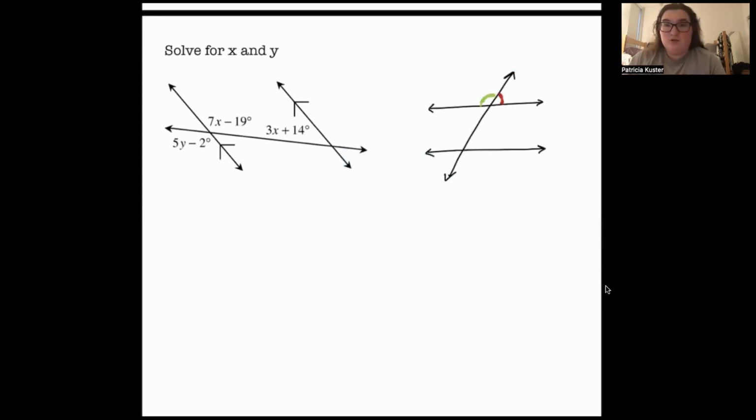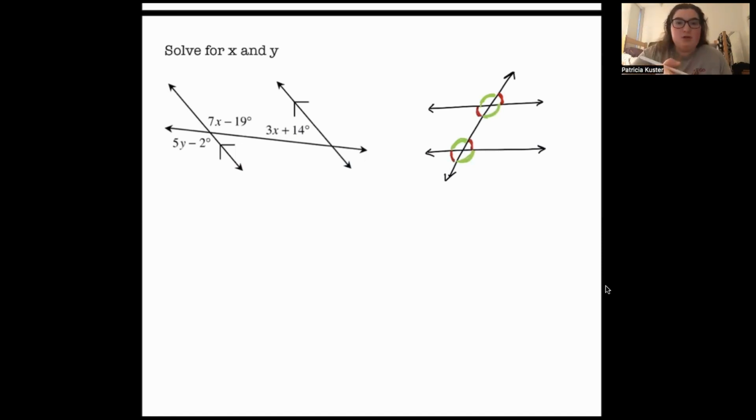So anytime you have any transversal, you can figure out which four are the big angle, the green angle, which are the obtuse angle, another word for big, by simply looking at the diagram or by using geometry rules such as vertical angles, angles that are across from each other, are congruent, or sometimes I like to just look at the diagram and add them in. So these are the four obtuse angles, and then these four are the four acute angles.